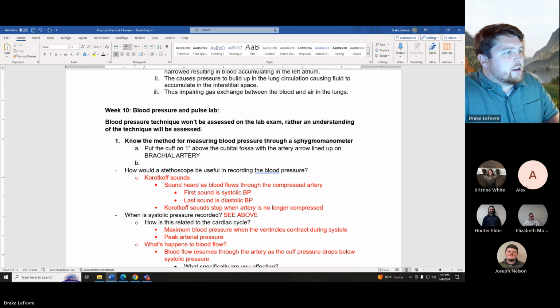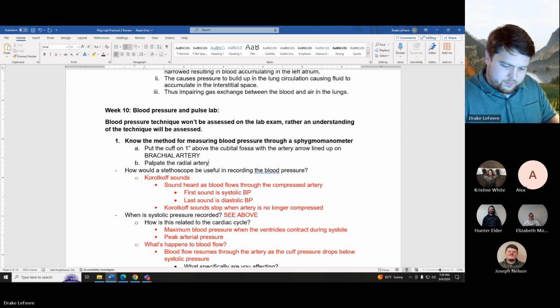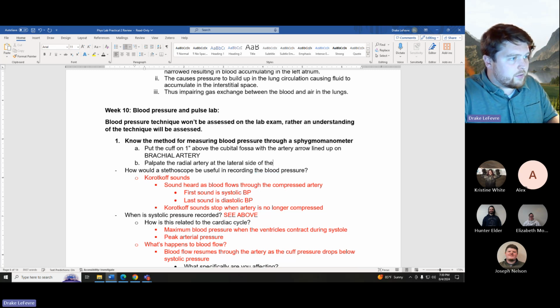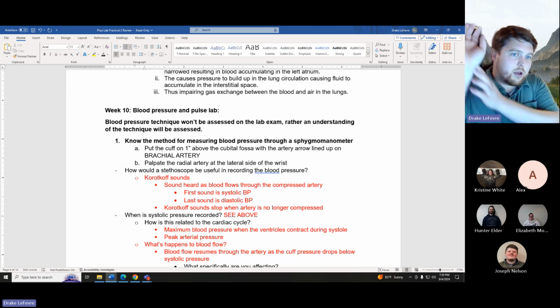With the artery arrow lined up with the brachial artery, you palpate the radial artery at the lateral side of the wrist.